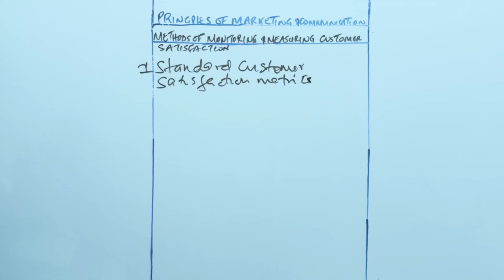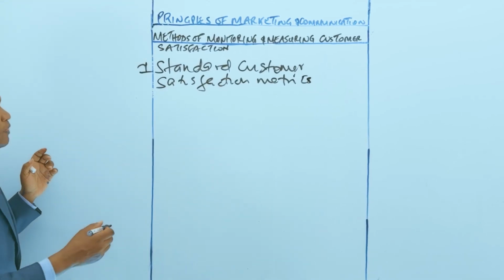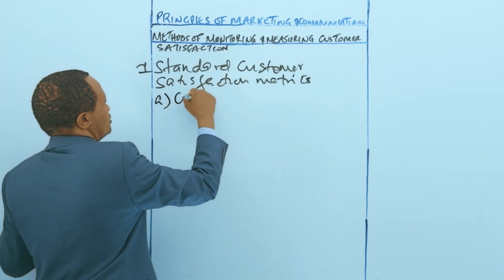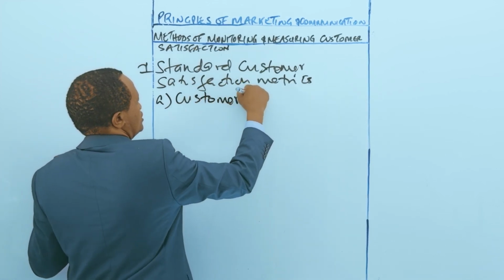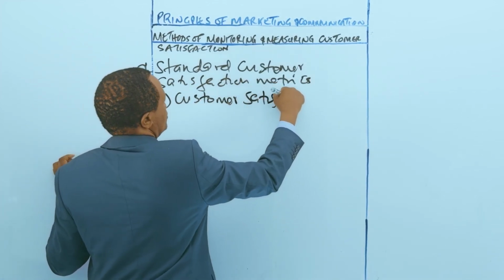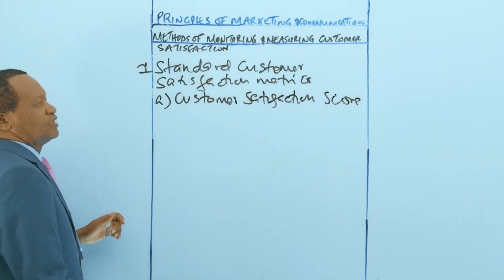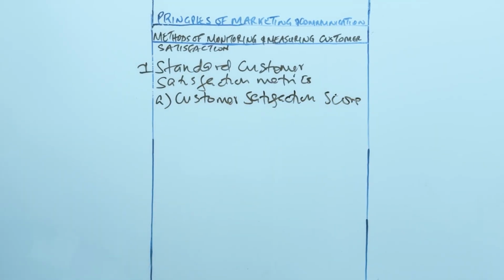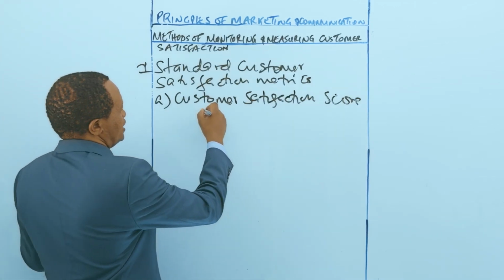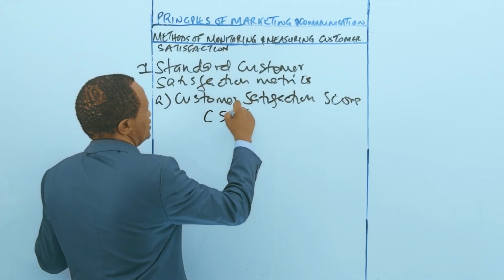For example, you have the customer satisfaction score, abbreviated as CSAT.